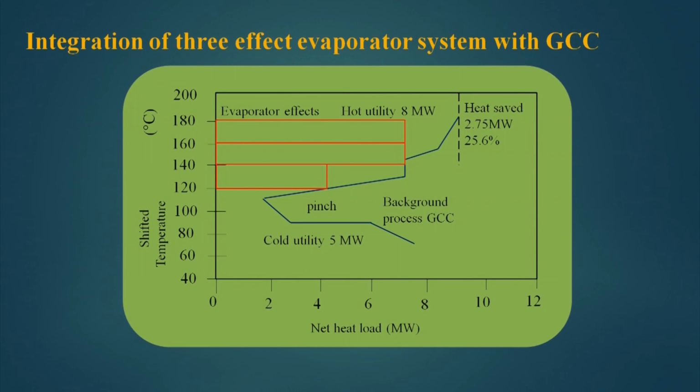So, out of this 3 effect, I am making 2 effects bigger effects and 1 smaller effect, and keeping the evaporation capacity the same. If I do this, then the hot utility requirement is now 8 megawatt and the saving is to the tune of 25.6%.